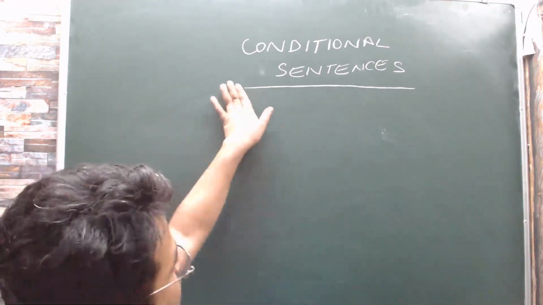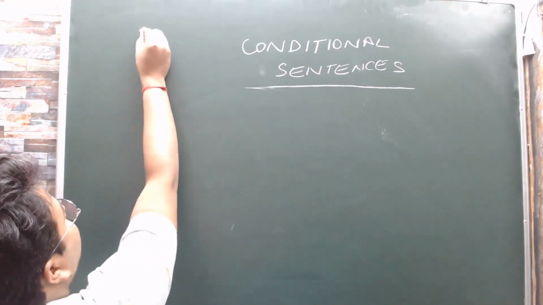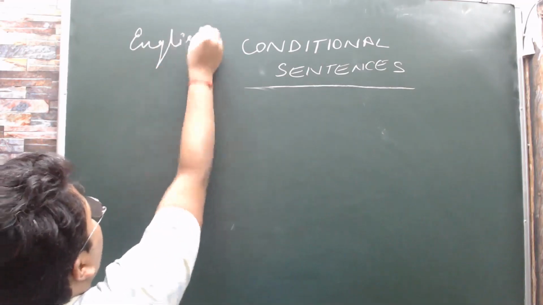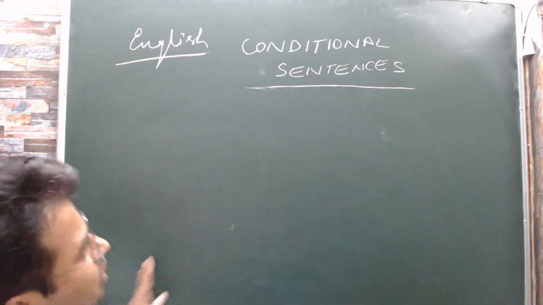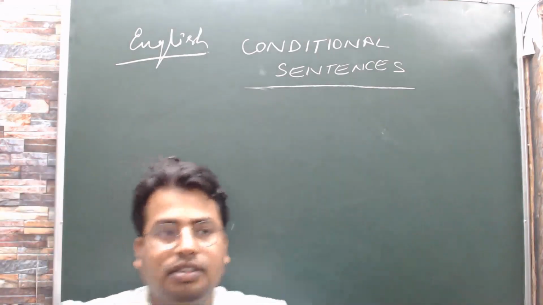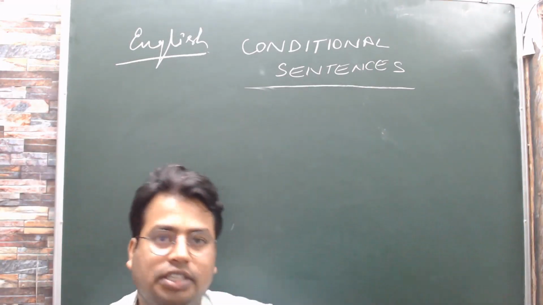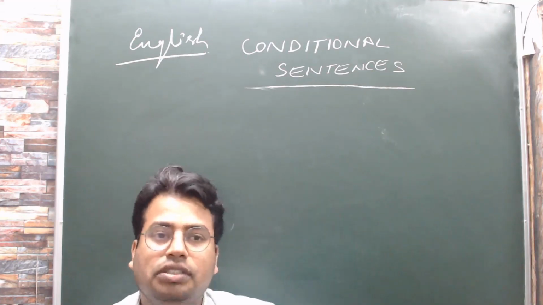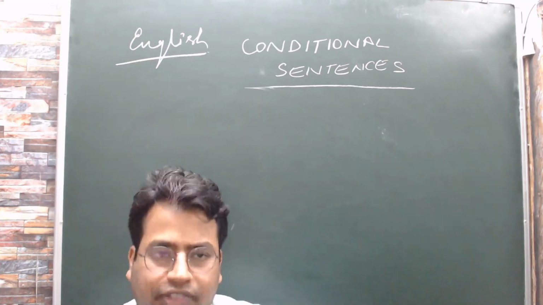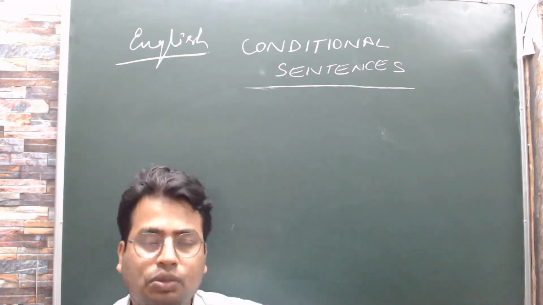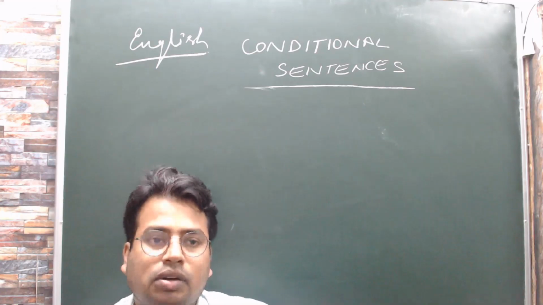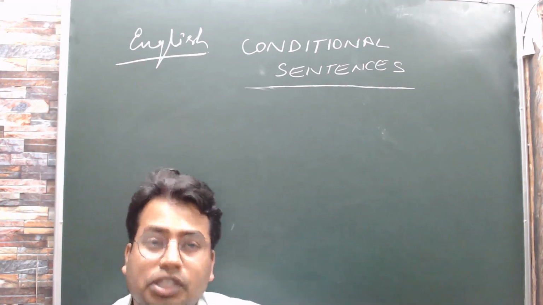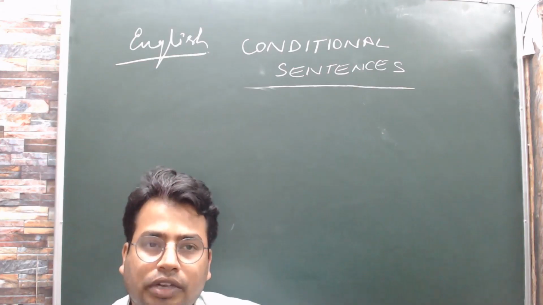It's conditional sentences in English. But to know all this structure in English, like conditional sentences, subject verb agreement, conjunction, and other parts of speech, you must know the basics of English, like what is subject, what is verb, what is pronoun, types of pronoun.